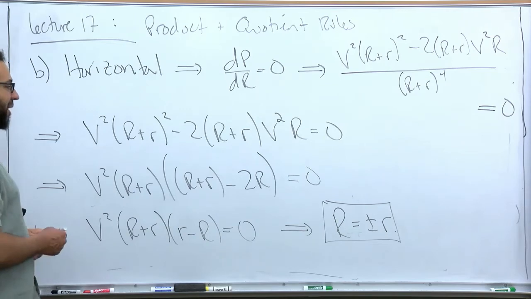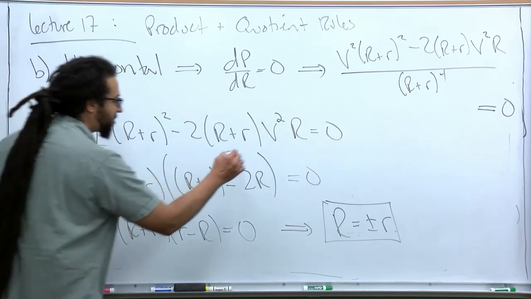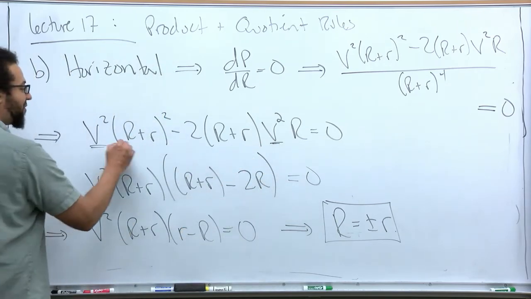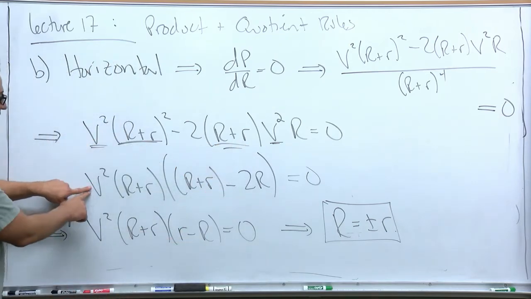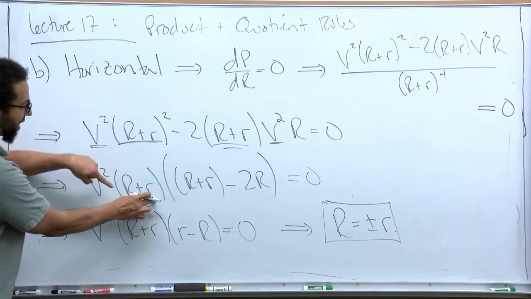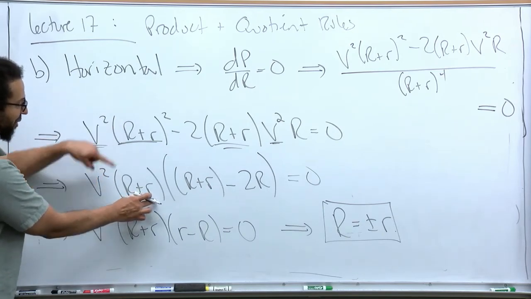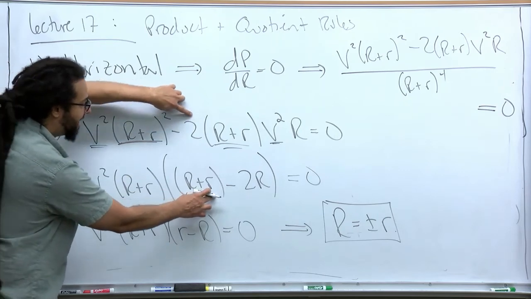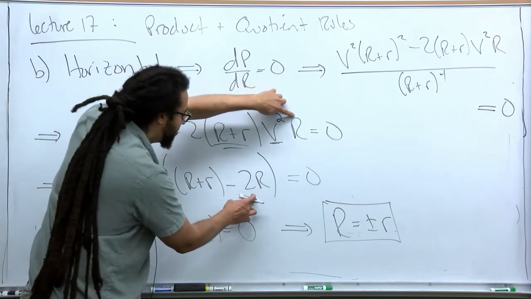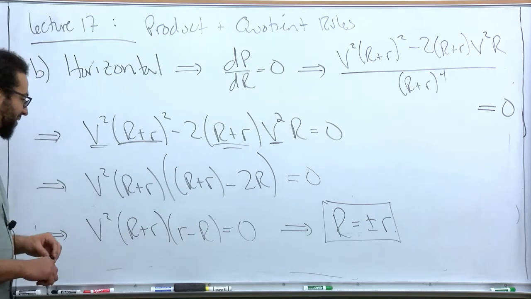Well, let me factor out a V squared. And I can also factor out a big R plus little r. So when I do that, I get V squared, and then big R plus little r, and then I'm left with 1 times big R plus little r, and then minus 2 times big R, right? Everything else we factored out.